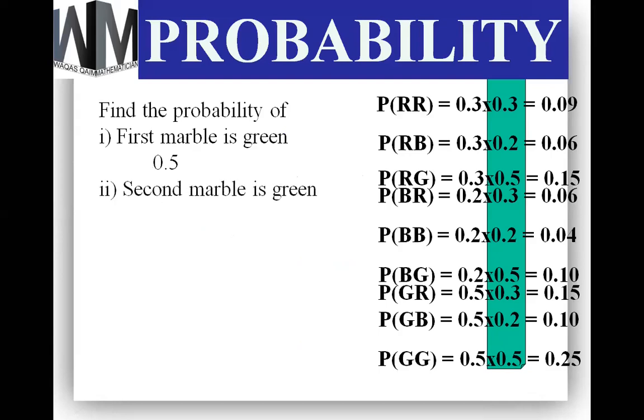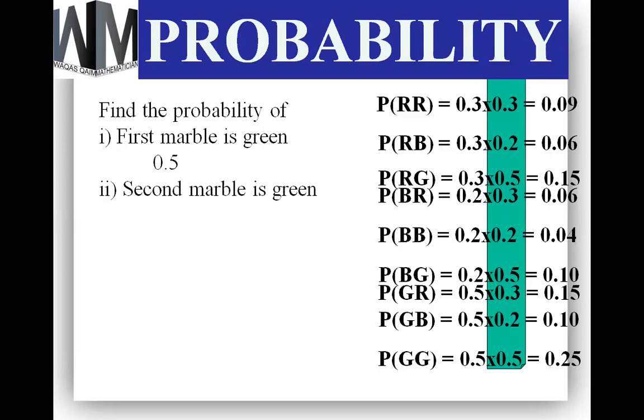And the second marble is green. Any confusion with the first marble is green? This is the last thing. This will take just a minute. We are going to finish this one after this example. So any confusion with this?